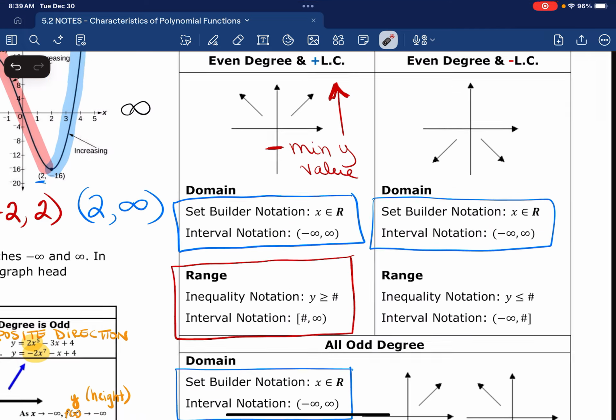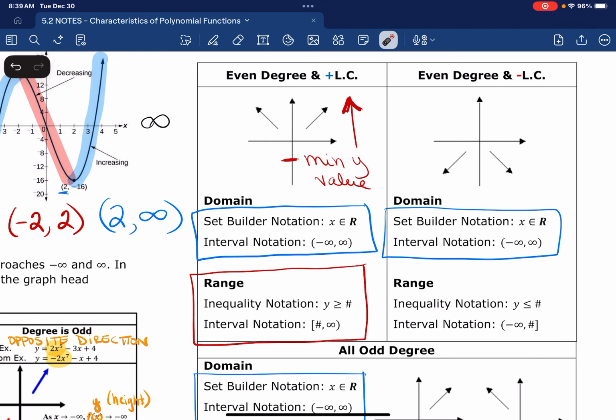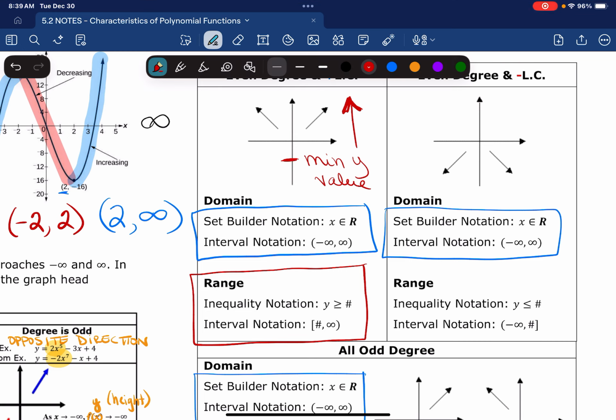Okay? So how is the range different if you have an even degree and a negative leading coefficient? Well, your graph goes down forever, but we've got to have some sort of maximum y value. You're going to find your maximum y value, and you're going to use that as part of your range. Okay?